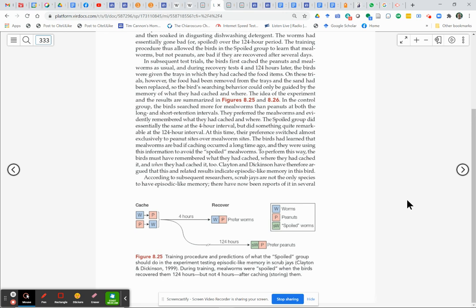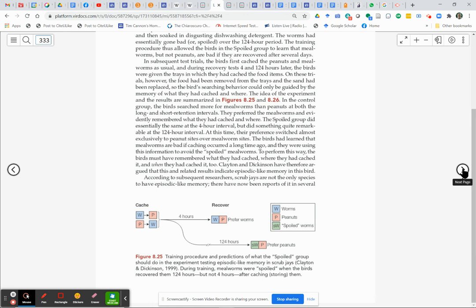And oh, this is so cute. So you have scrub jays, and you give them peanuts or worms, and they cache them, they hide them, and they learn that if you're going to go back and eat it soon, you go for the worm because it's more tasty. But if you have to wait for 124 hours, those worms have turned into something unpalatable.